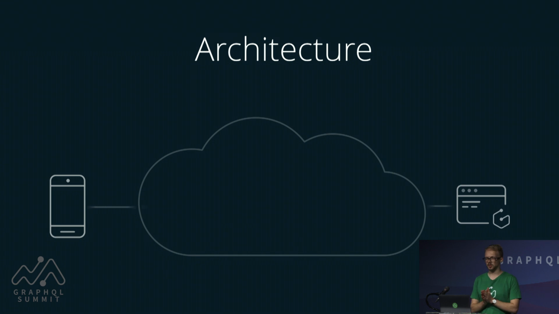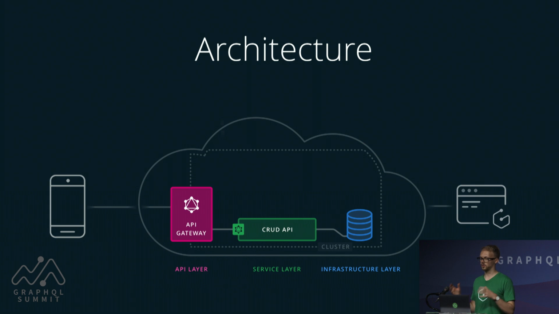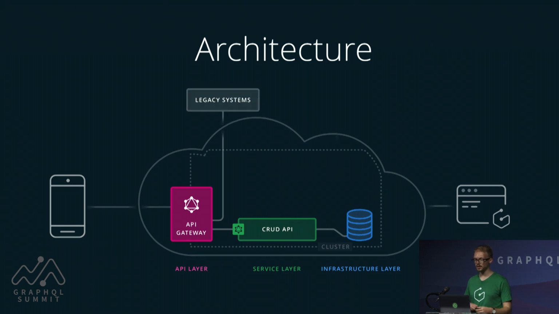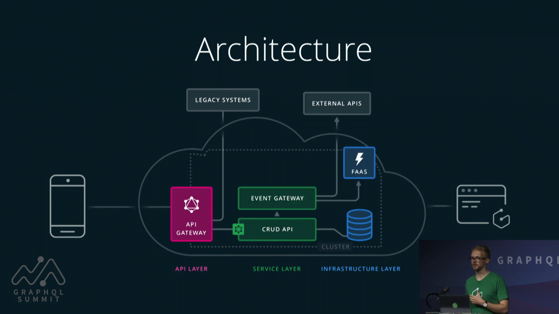The architecture is fairly simple. Obviously you have your GraphQL client somewhere, you have your development environment, and you deploy that to a cloud. At its core, you have a database and a CRUD API abstracting that away. If you want to use an API gateway, then you can use that as a proxy and to tie in your legacy systems. Additionally to this GraphQL database, it also comes with an event gateway.